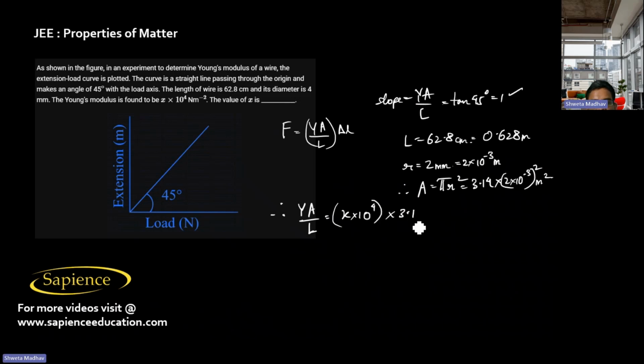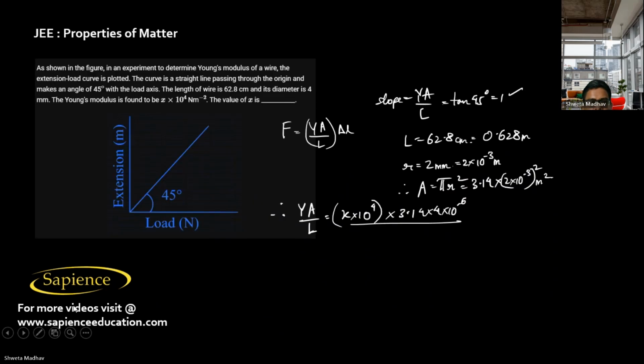So x into 10 power 4 into 3.14 into 4 into 10 power minus 6 into 10 power minus 6, divided by L, which is 0.628, is equal to 1.